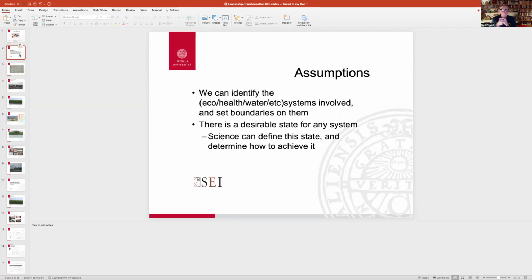One being that we are in a position to identify the different types of systems involved and actually put boundaries around them. And indeed, there is a desirable state for any particular system. And we can use our methods and the tools we have within science to define this state and, in fact, determine how we're actually going to achieve it, how we're going to bring about those transformations or changes to achieve it.